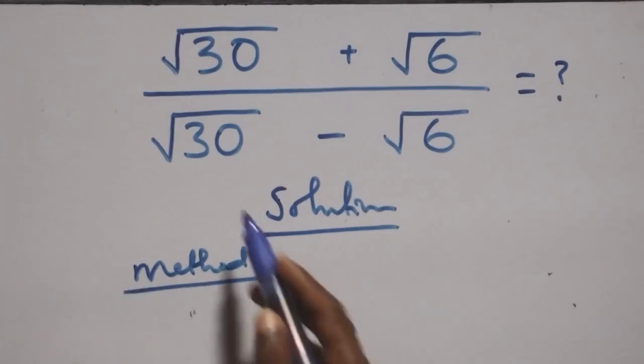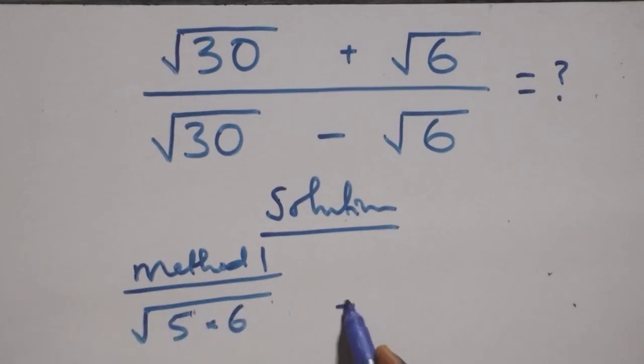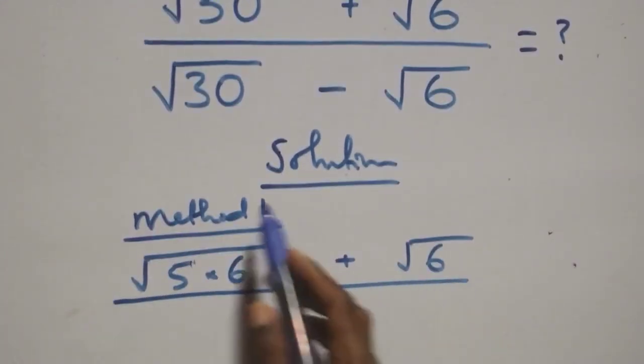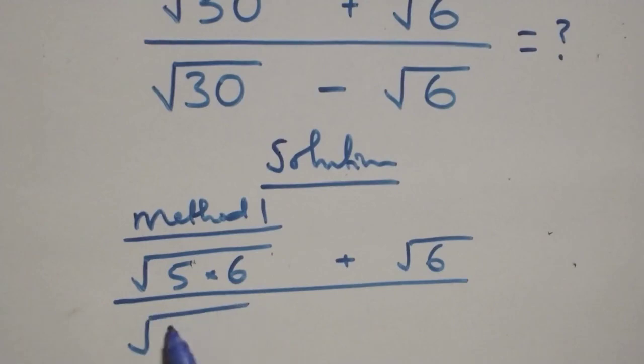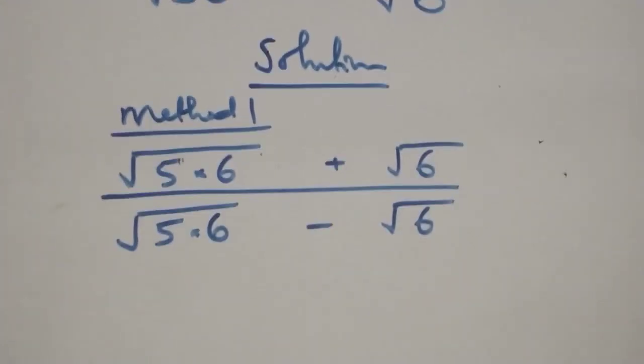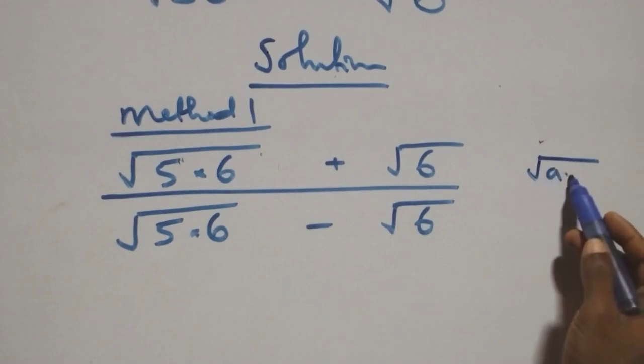One, you can express it as root 5 times 6 plus root 6, then divided by, also we have root 5 times 6 minus root 6. Then from here, this follows when we have root a times b.